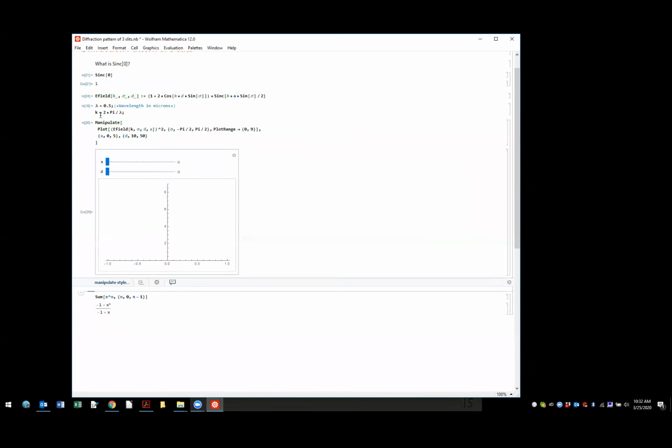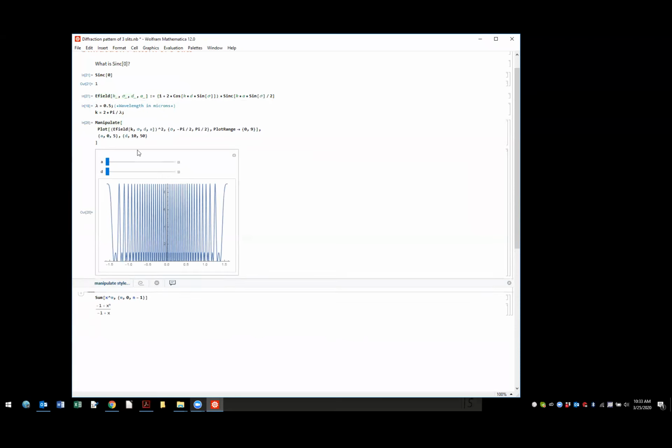I'm sorry, there is something wrong with this. You know what it is? I never told it that A is also an input in that definition. Okay, this is what I get for trying to do things on the fly.